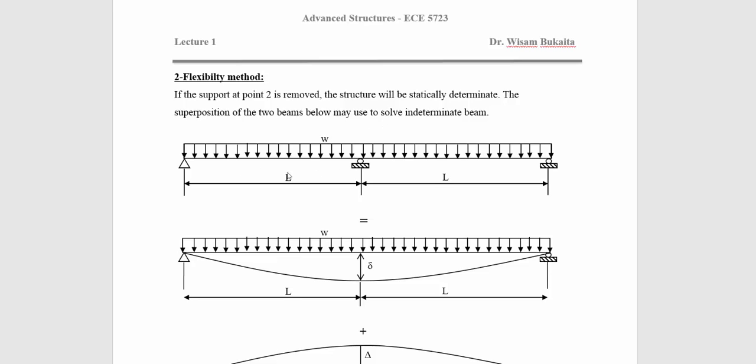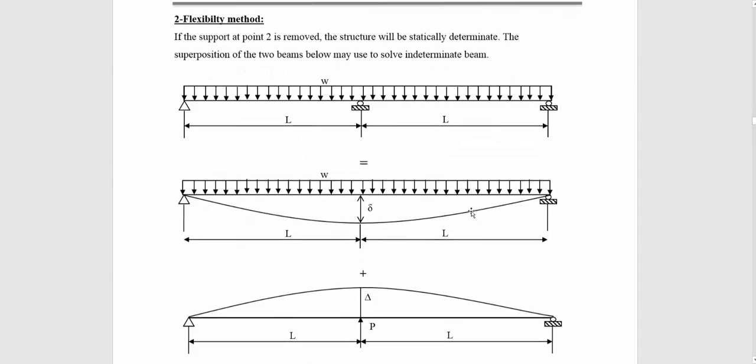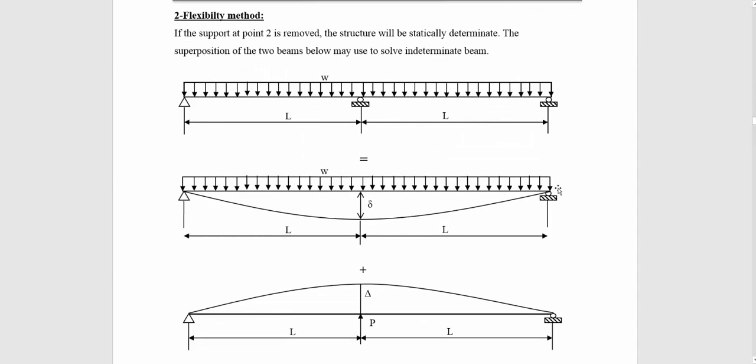You have to remove a reaction at joint 1, joint 2, or joint 3 to make this determinate. In this example, we remove the reaction at joint 2. So this beam will be a simply supported beam subjected to uniform distributed load, and the deflection at joint 2 equals delta.